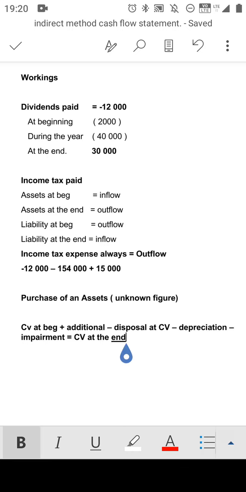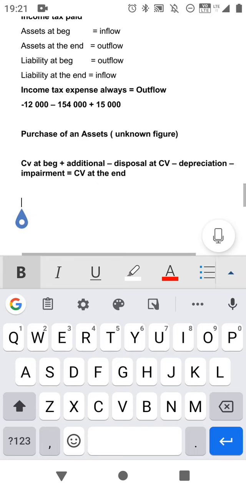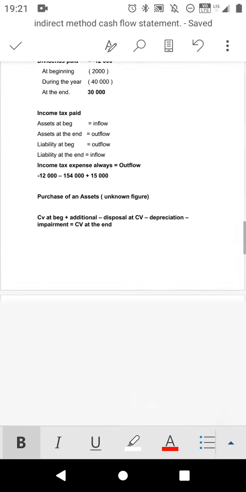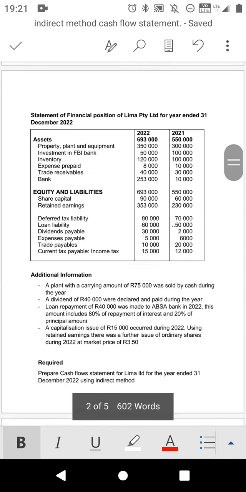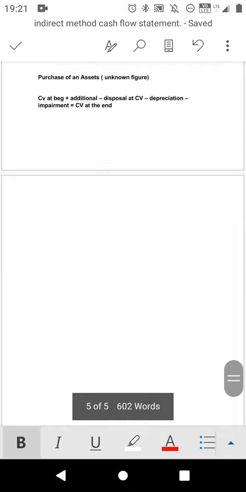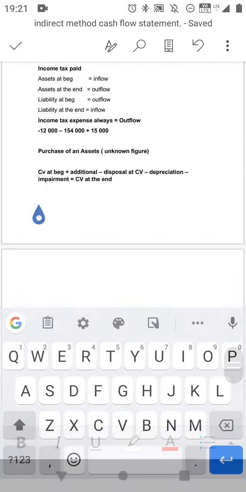Okay, very simple, guys. Remember, now we want to test if we have additional assets. The first step, we have to take the carrying value at the beginning, which is 300,000. This is how we are going to do it.